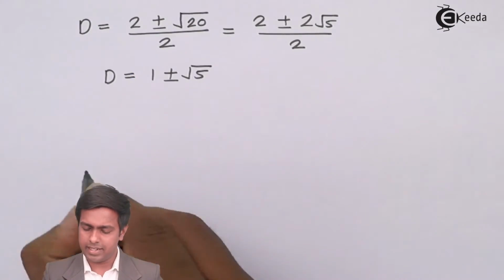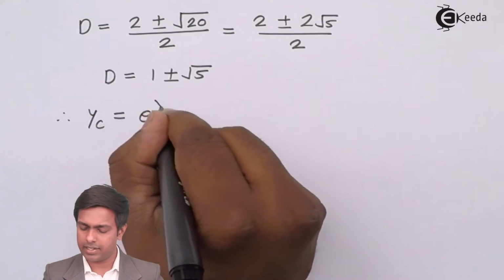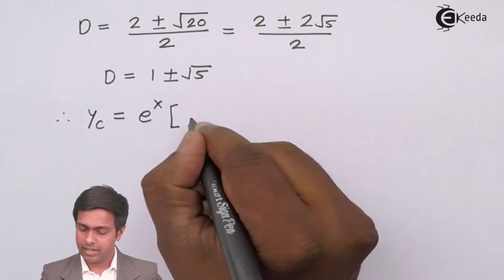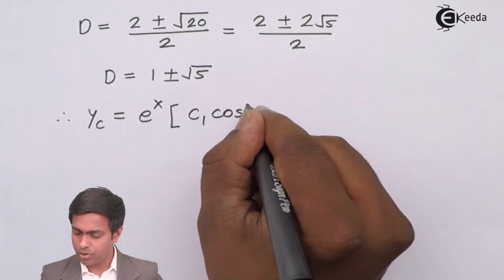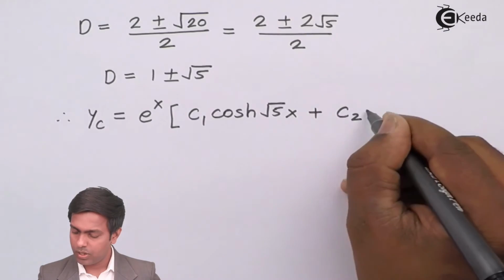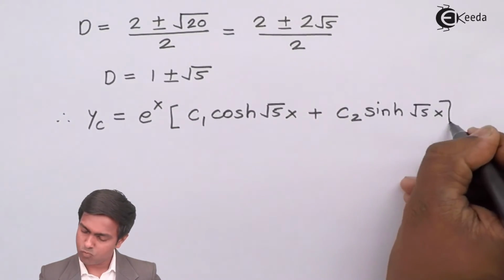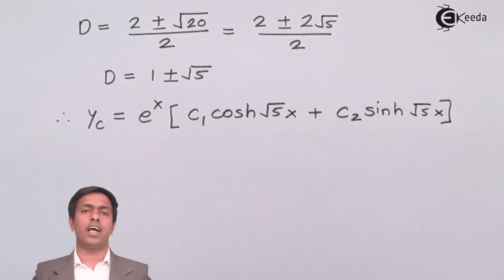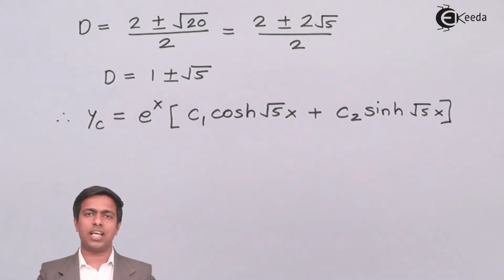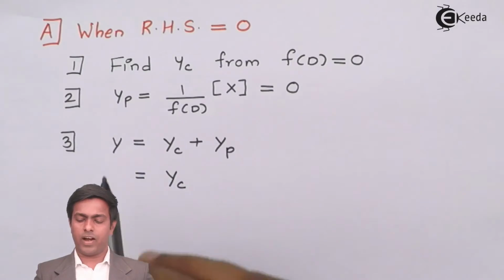So here we'll say that therefore this yc is equal to e to the power 1x, that is e to the power x, times, inside the bracket, c1 hyperbolic cos of root 5x plus c2 hyperbolic sine of root 5x. So guys, this is the value of yc. So for the given question, we got yc, and here we have completed step number 1, that is finding the yc.